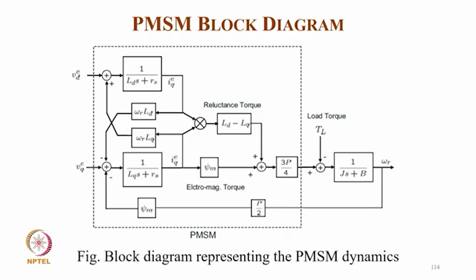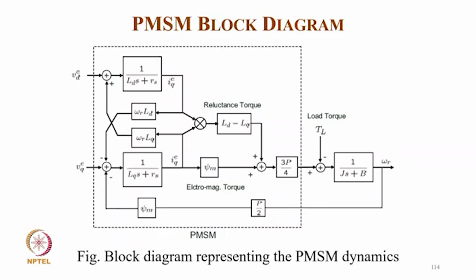Now this is the typical block diagram representing the PMSM dynamics, where we apply vd and vq, and then we have a block corresponding to 1/(Ld s plus rs), which gives the id, with a cross coupling of omega Ld and omega Lq. Then for vq we have 1/(Lq s plus rs), and then we have the back EMF term omega r P/2 into phi m.